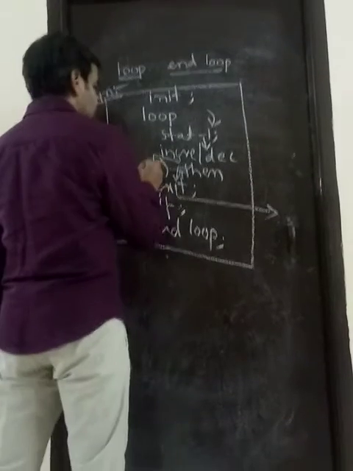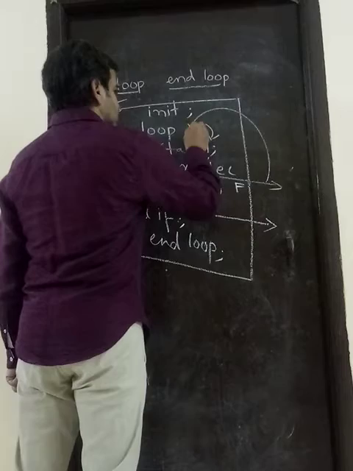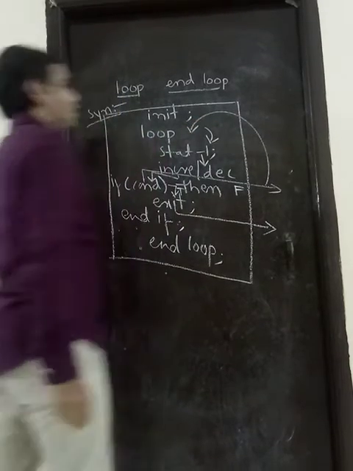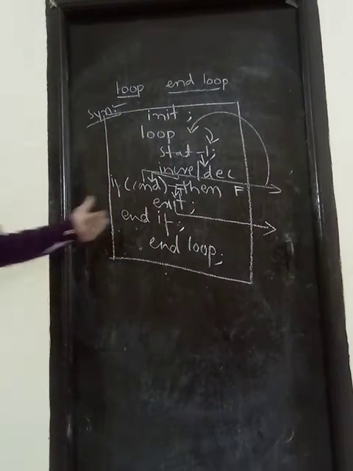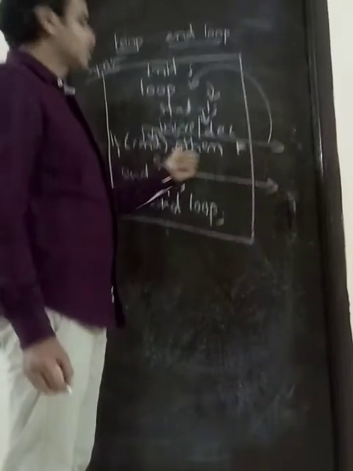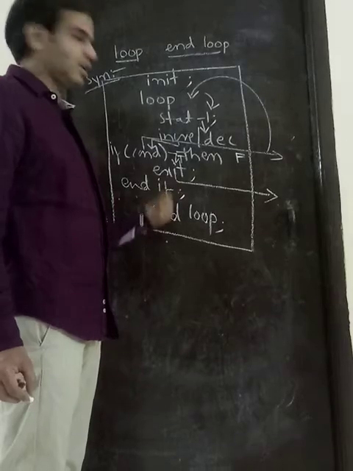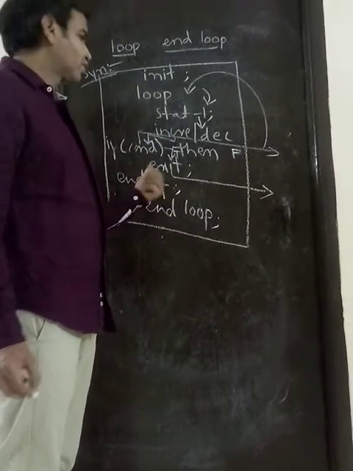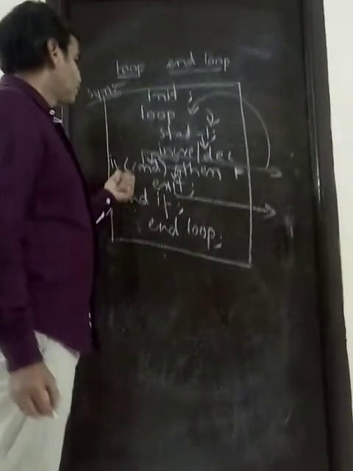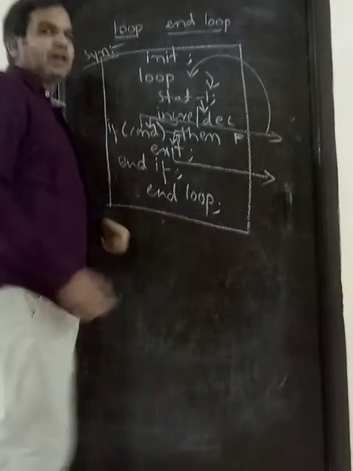If the condition is false, it again goes to executing statements, then repeats. It means it is the reverse compared to C. Whereas in C language, if the condition is true, it repeats, here if the condition is true, it will exit. If the condition is false, repeat. If is there, we terminate with end if. Loop is there, we terminate with end loop.